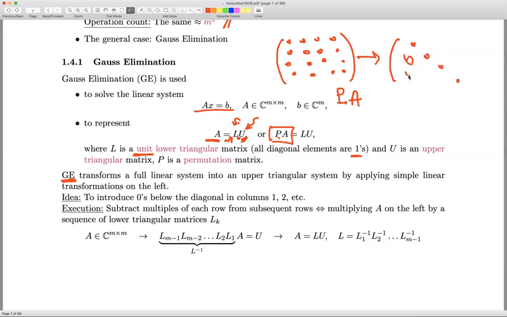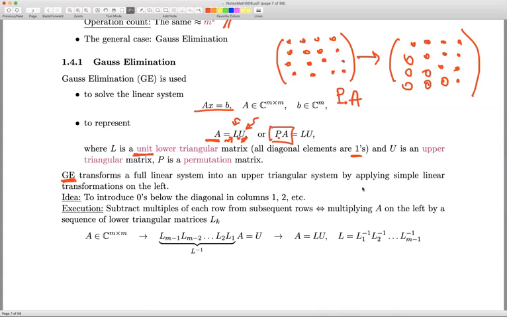So we have zeros everywhere below the main diagonal, and above the main diagonal we may or may not have zeros, but on the diagonal we are not going to have zeros. So what is happening is that the Gauss elimination transforms this full system into an upper triangular system.